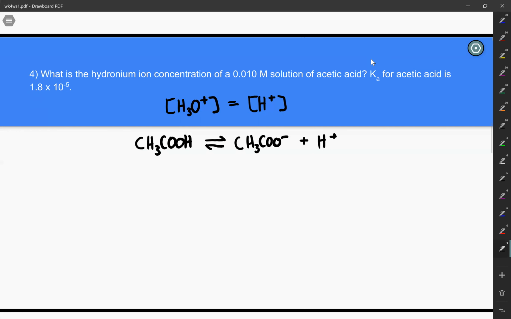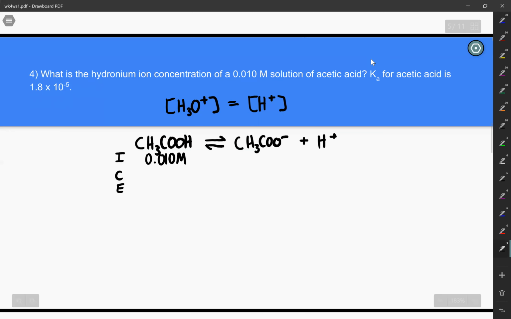So from here, you could do an ICE table in order to figure out your concentrations at equilibrium. So ICE, you know that your initial concentration for the acetic acid is what is given to you, so that's 0.01 molar.